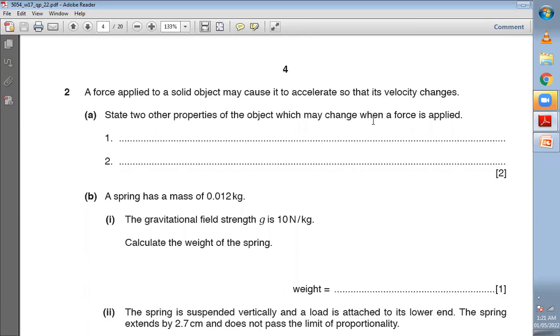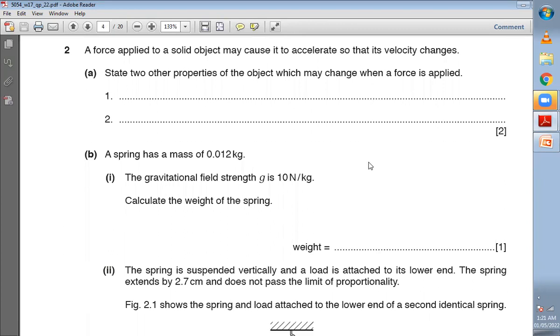That's question number 2. A force applied to a solid object may cause it to accelerate so that its velocity changes. State 2 other properties of the object which may change when a force is applied. So when a force is applied, its acceleration will change, its velocity will change.